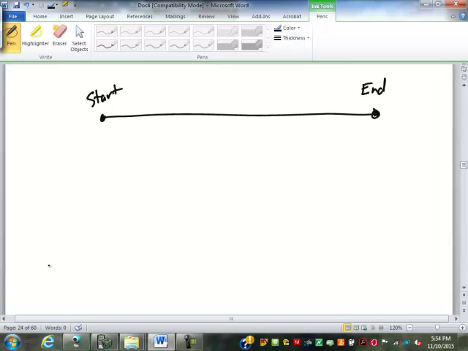So you're going to start at the beginning, which is the present value. The end of the loan is the future value, or the maturity value. But we're going to keep referring to them as present value and future value.